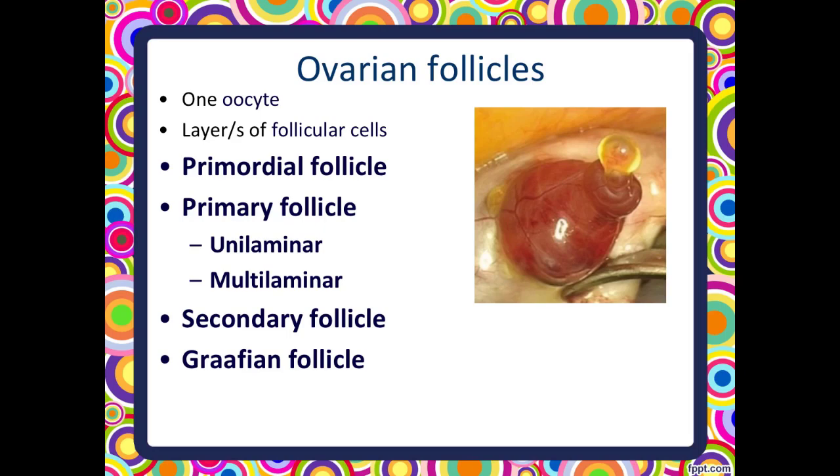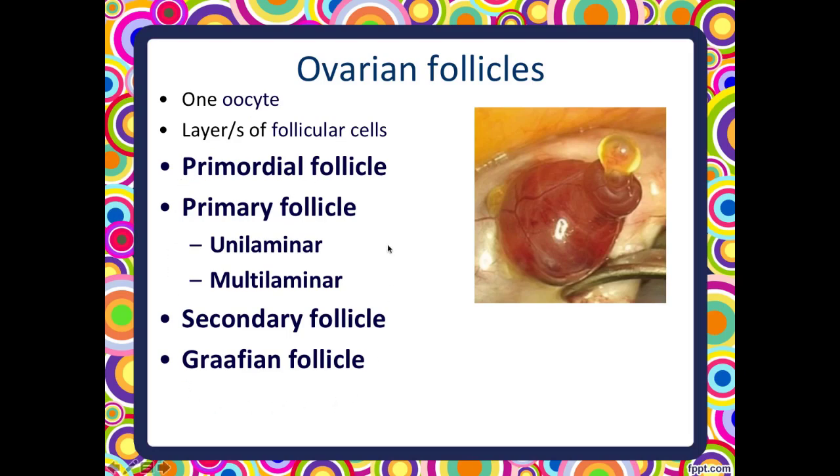We will talk about that later, but there are various types of follicles we can find within the ovarian cortex. Each of these contains one oocyte, which is surrounded by one or many layers of cells, which are called the follicular, later called the granulosa cells.